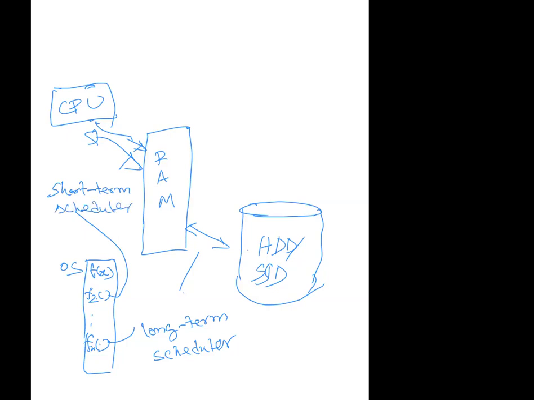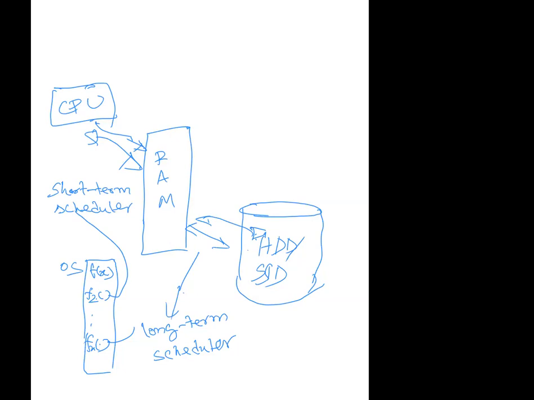To move a process from SSD to RAM, the short-term scheduler function is involved.